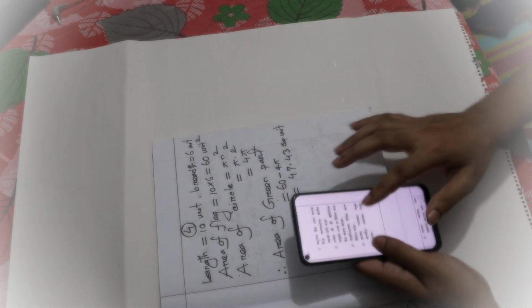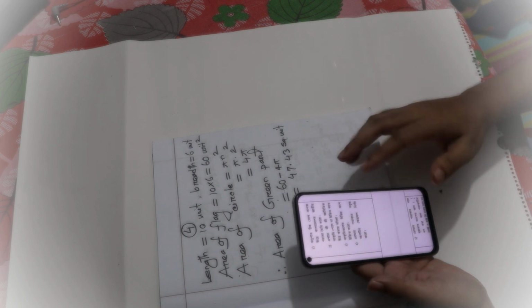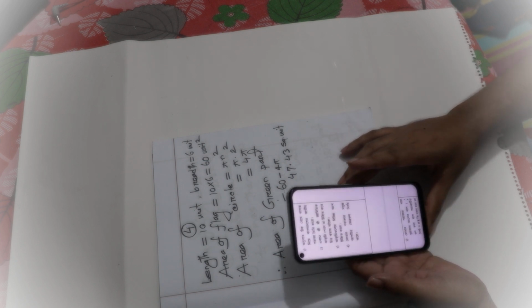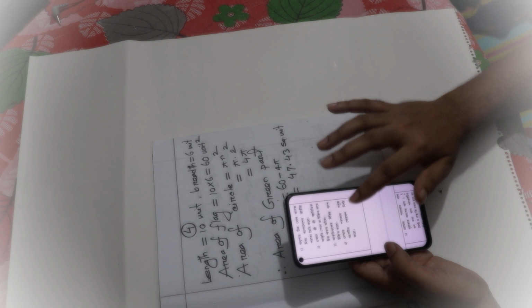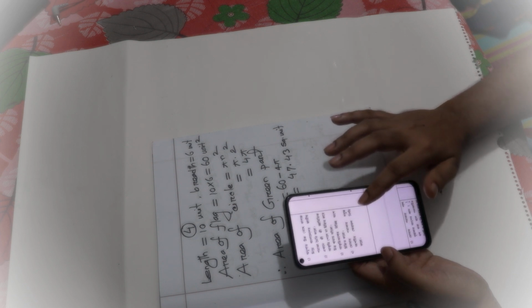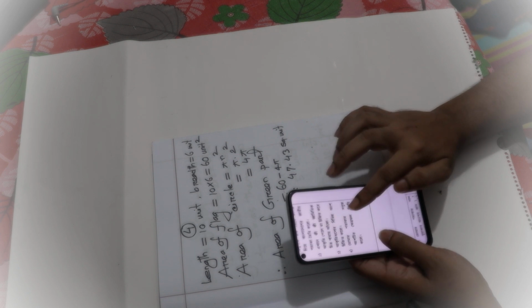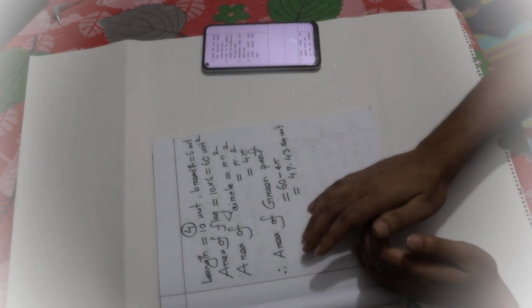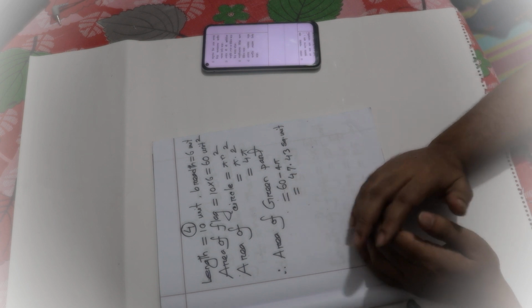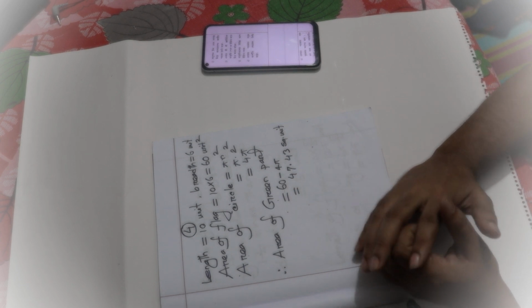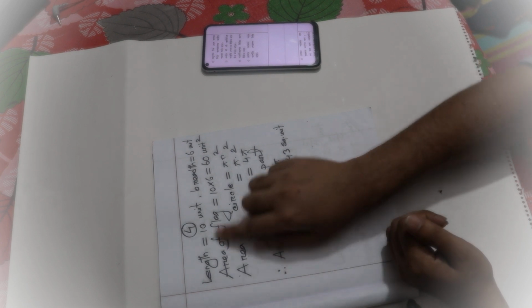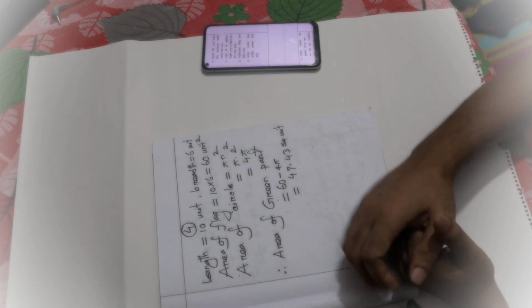In question number 4, we have to find the area of the green part of our national flag. Our national flag is a rectangular shape, length given 10 unit, breadth 6 unit.